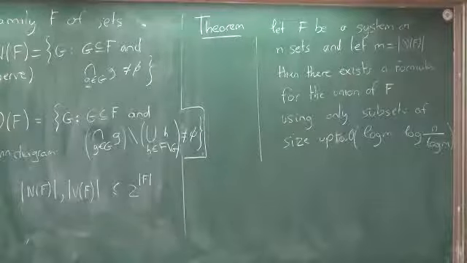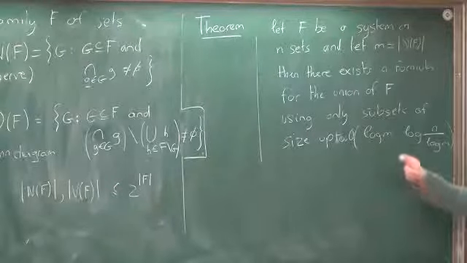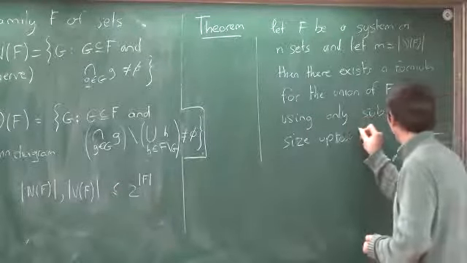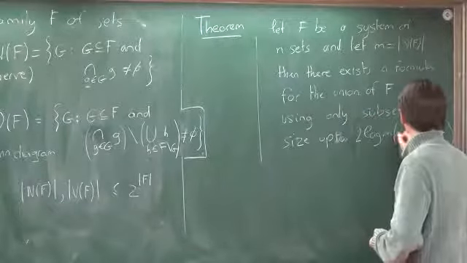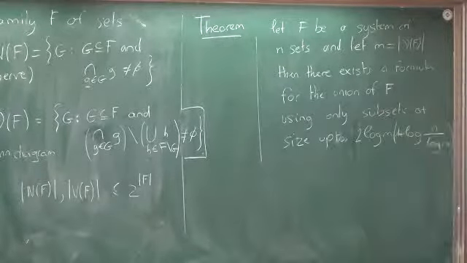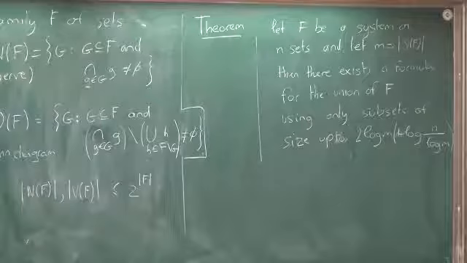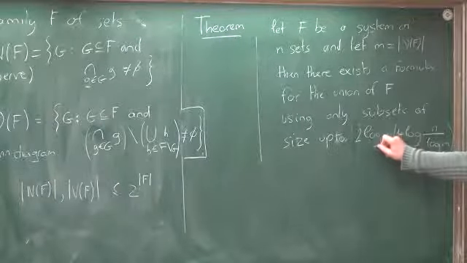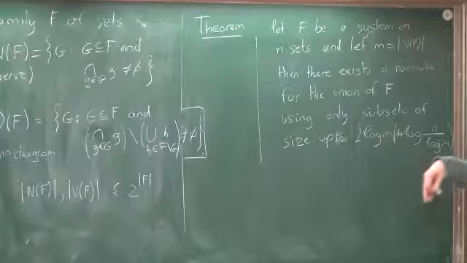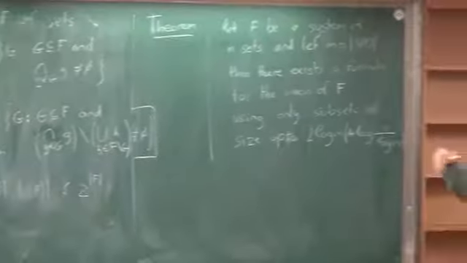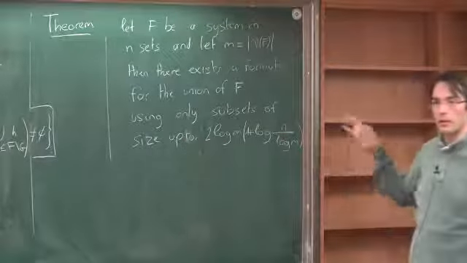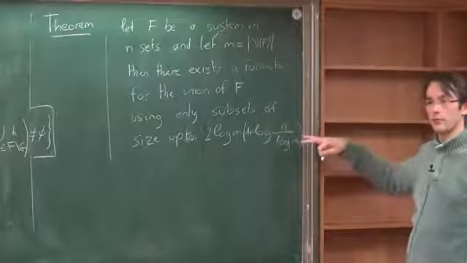If I plug m equal 2 to the n here, this disappears, this is 1, and I get n here. So I'm just saying the formula will use subsets of size up to 2n, so that's trivial, but it captures the right order of magnitude.